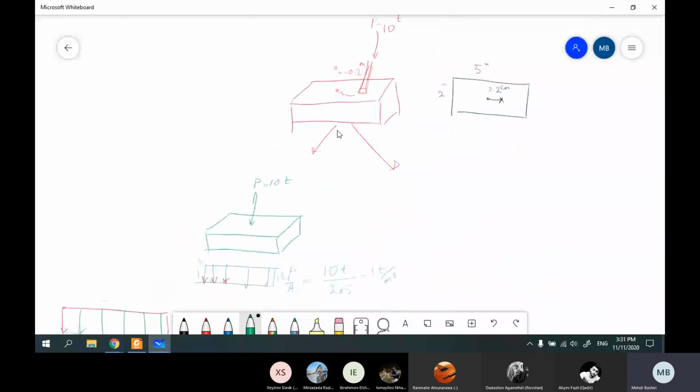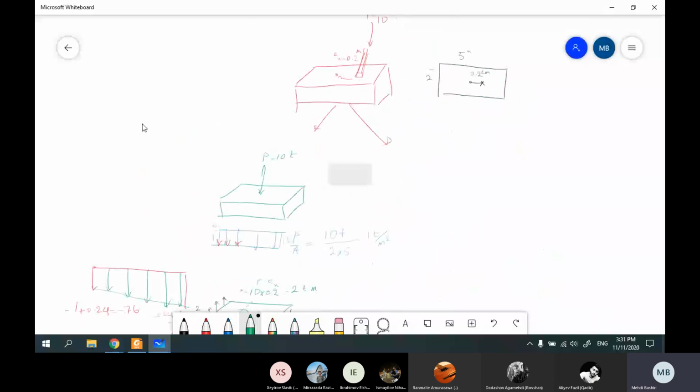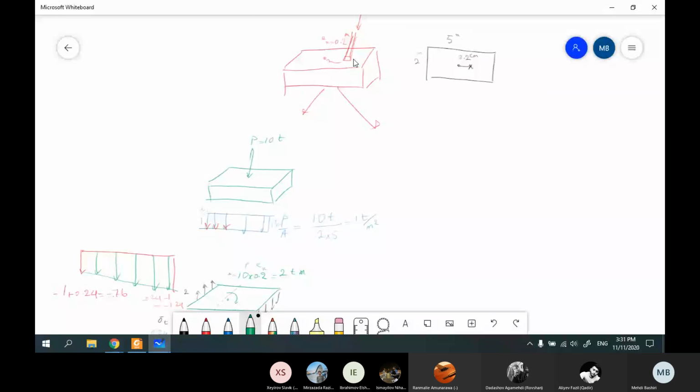So generally, eccentricity is not a good thing, and you should avoid constructing eccentric foundations. But as I said, sometimes you can't avoid constructing eccentric foundations because of special cases such as external or edge columns.